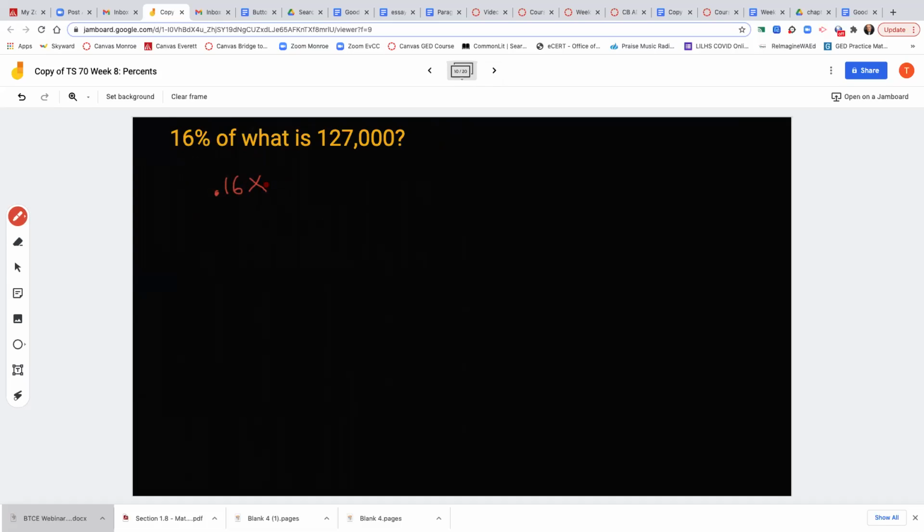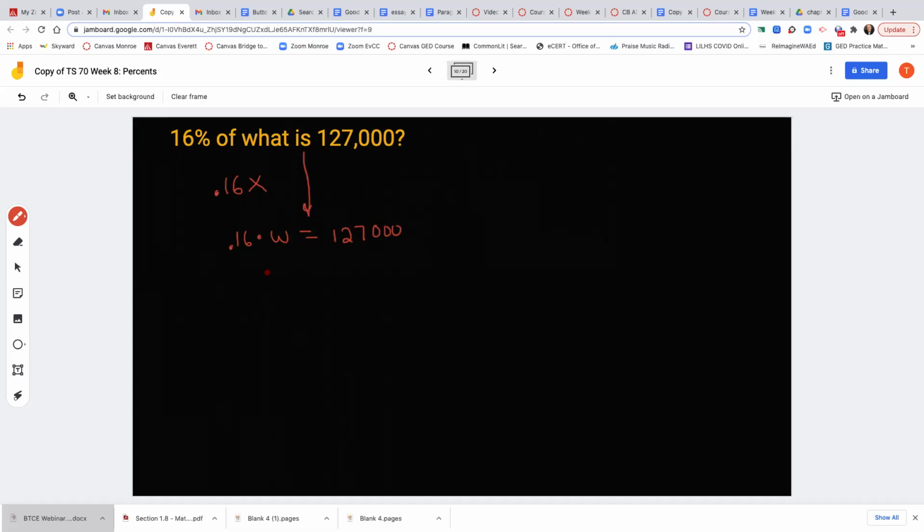X, Y, W. X is going to look kind of confusing. Let's go like this. 0.16 times, we'll call this W, equals, see, "is" is my equal sign, 127,000. Okay, 0.16 times W equals 127,000.